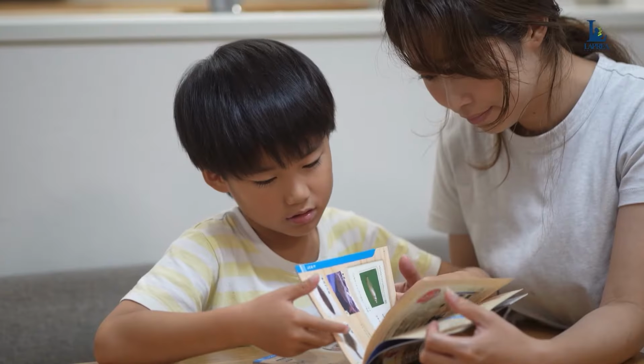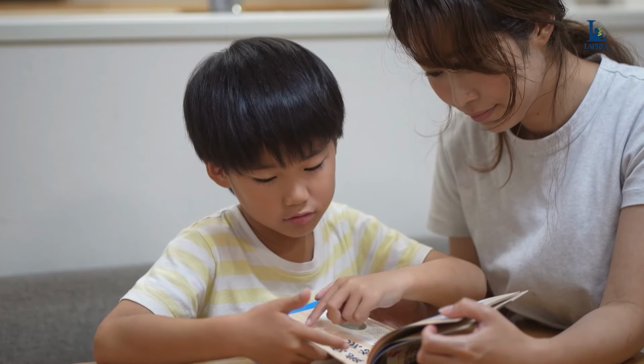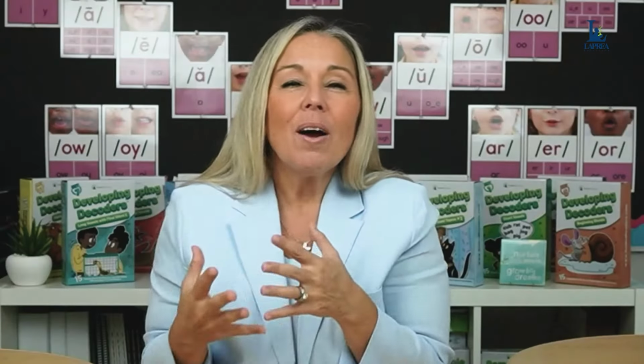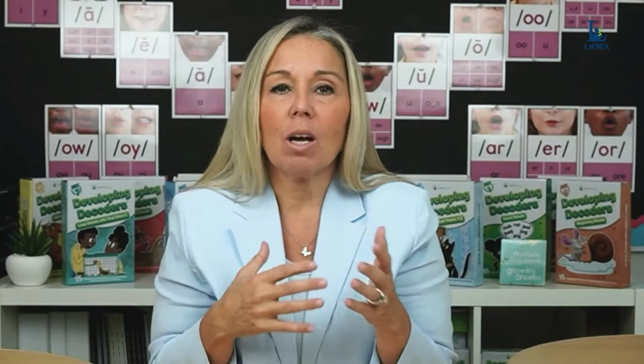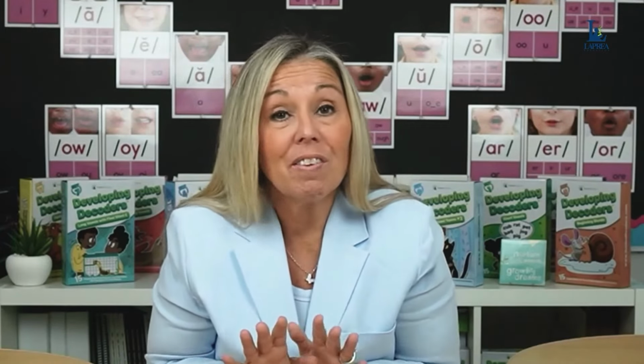Comparing objects or actions or events encourages children to analyze and evaluate, which are essential skills for their overall cognitive development. The more they do this, the more automatic it becomes, reducing the cognitive load it takes to think critically. So now you're starting to see how teaching comparatives and superlatives is important for young learners, and it doesn't have to be complicated or even time-consuming.